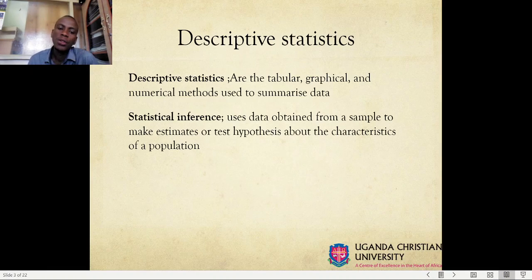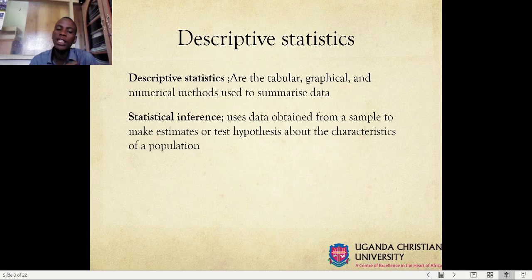Just remind us about descriptive statistics. Here we're talking about the tabular, graphical, and numerical methods we use to summarize our data, or to describe the characteristics of our elements.